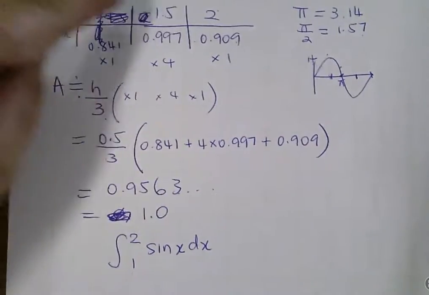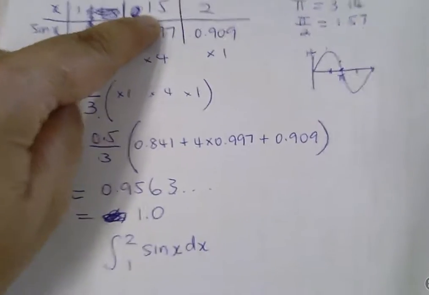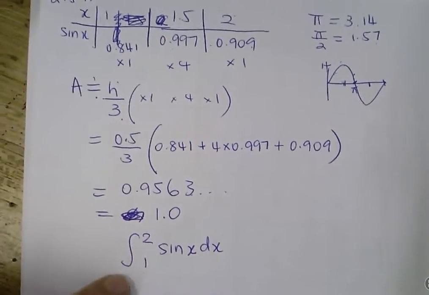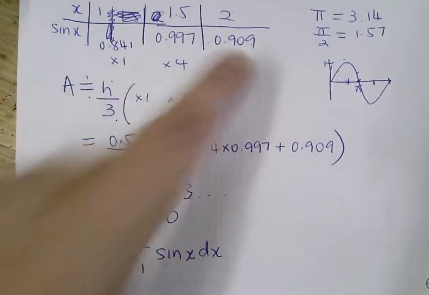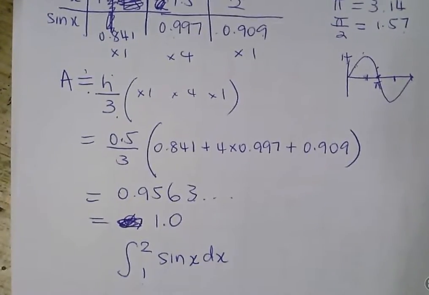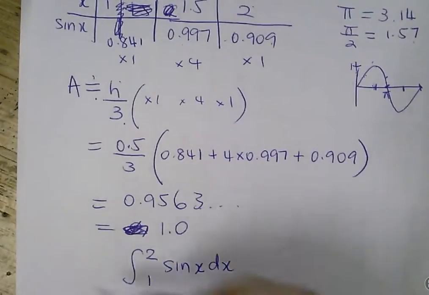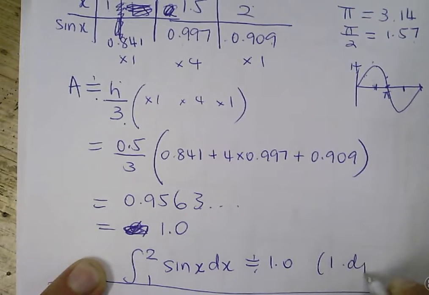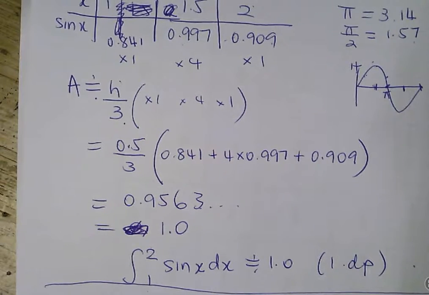See how they've done between 2 and 1 and they've just got 1 value in between? It's not that accurate because they're only taking 3 function values, all right? But we actually can make it more accurate, and we're going to do it again. So that is approximately equal to 1.0 to 1 decimal place. Remember, Simpson's rule is an approximation of area.